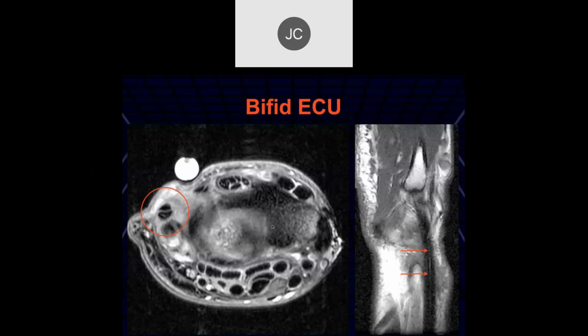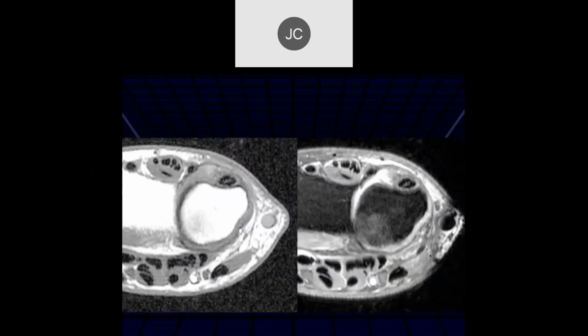This was thought to be a congenital bifid ECU because it's nice and smooth. But I don't think we can always differentiate between the congenital varieties and longitudinal split tears with MR alone.